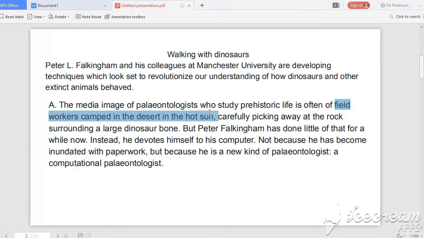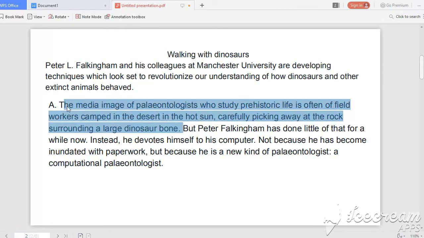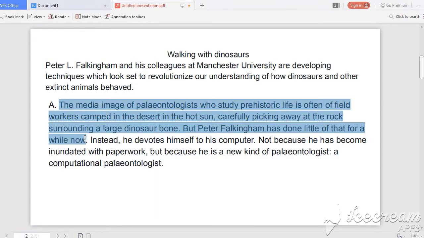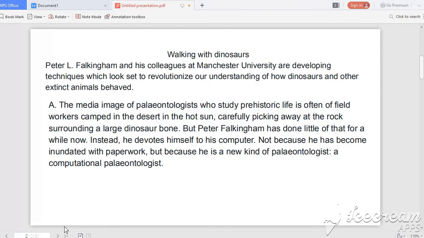Field workers means outdoor work, and since they are scientists, field work means outdoor research. But this is not about Peter, so we need to read more. But Peter Flankingham has done little of that for a while now. So I think our first answer is here. We should underline these lines, and after that we need to read the question again.